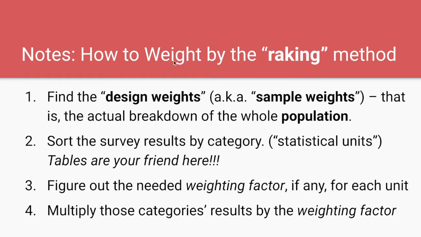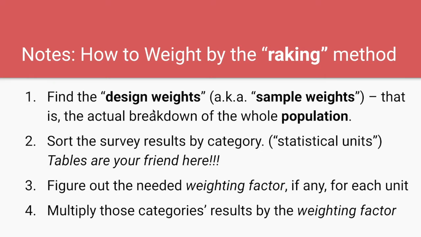First of all, we should remember how the raking method of weighting works. First we find the design weights, or the sample weights, which is just what we are trying to get in the sample. For example, if we're looking at students in a high school by grade, you're going to have about 25% in 9th grade, 25% in 10th, 25% in 11th, and 25% in 12th.